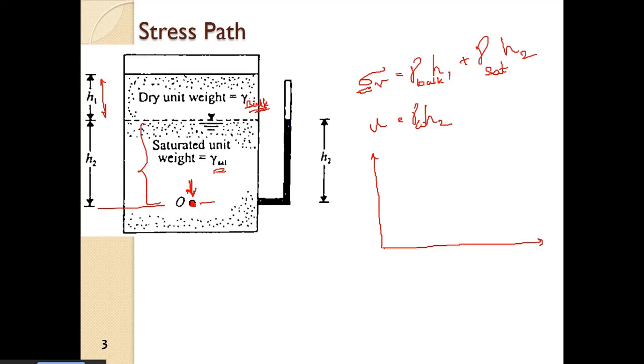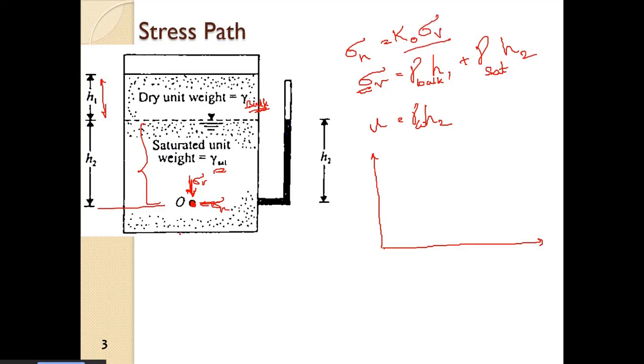And this is the horizontal stress, which is sigma H. So what is sigma H? So sigma H is equal to K naught into sigma V.